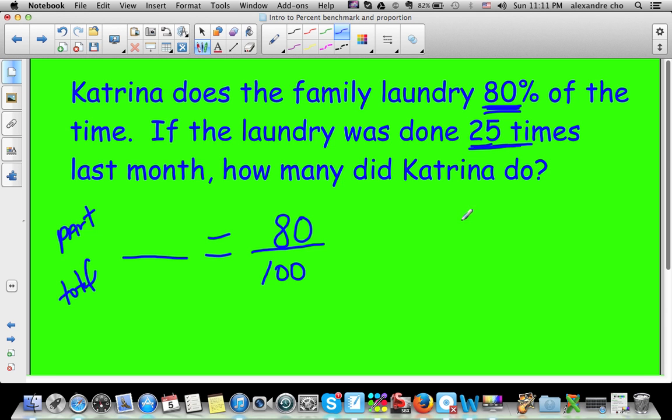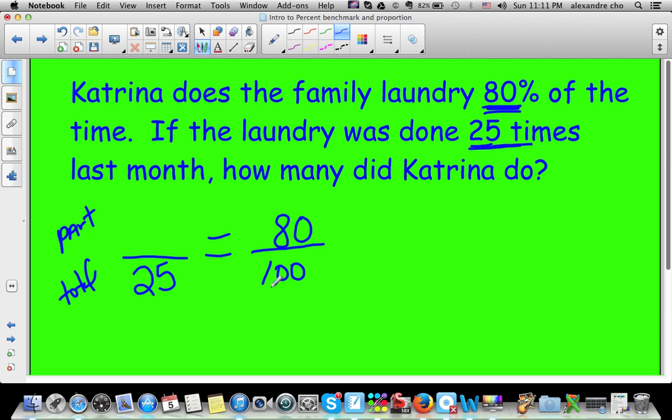Was 25 times the total amount of laundry that the family did, or part of the laundry? Okay, so 25 times was the total amount of times they did the laundry last month, 25. And we need the part. The part is going to be the part that Katrina did the laundry. Okay, so out of 25 times, she did a part of it.